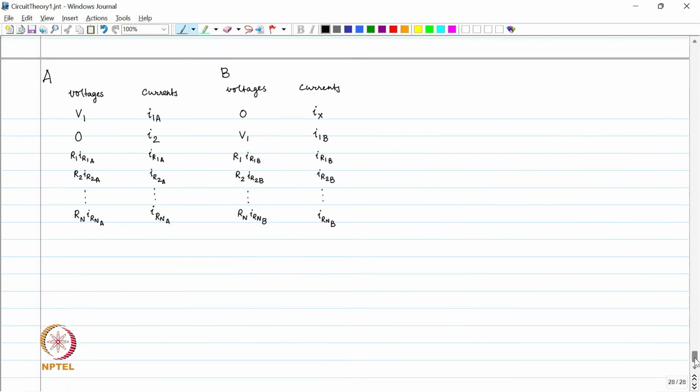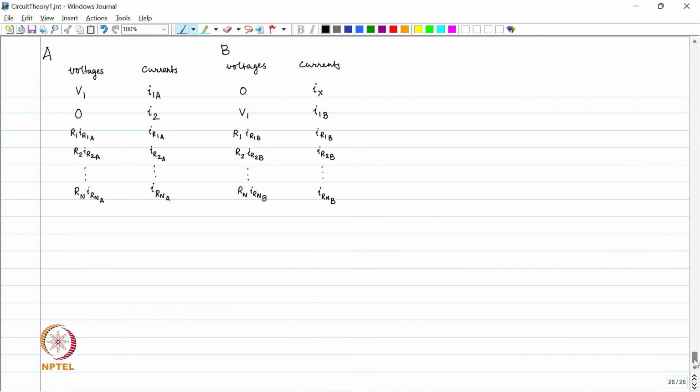So, I can do the dot product of voltages of experiment A with currents in experiment B. I could also do the dot product of voltages of experiment B with currents in experiment A, and both of these dot products are going to be equal to 0. Fine. So, what do I have?